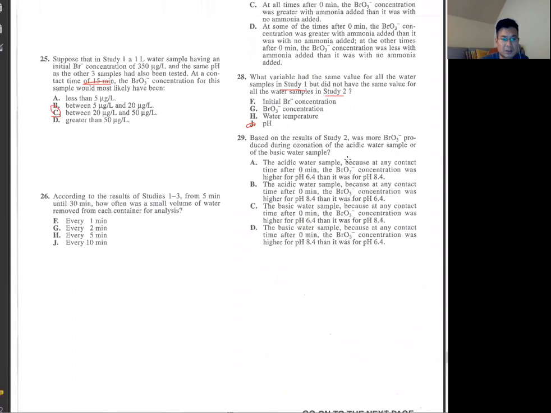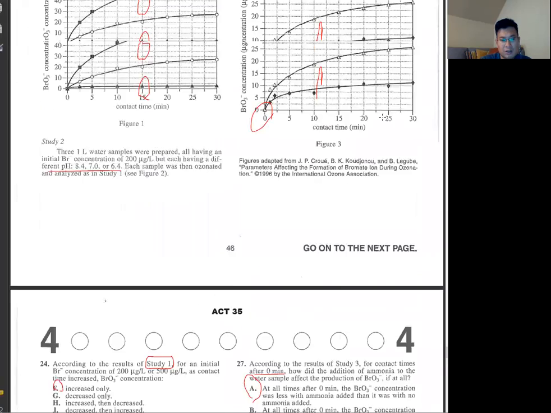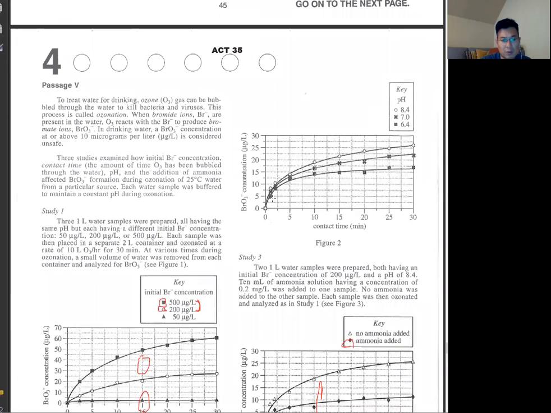And 29, based on the result of study 2, was more BrO3 produced during the ozonation of the acidic water sample or the basic water sample? So if you look at study 2, the Y value is BrO3 concentration, and then the acidic. But then, we need to understand what ozonation is.